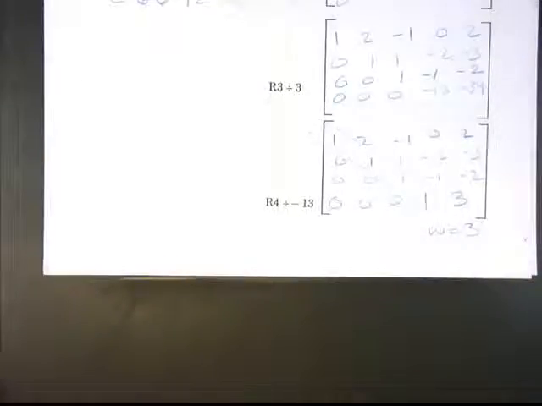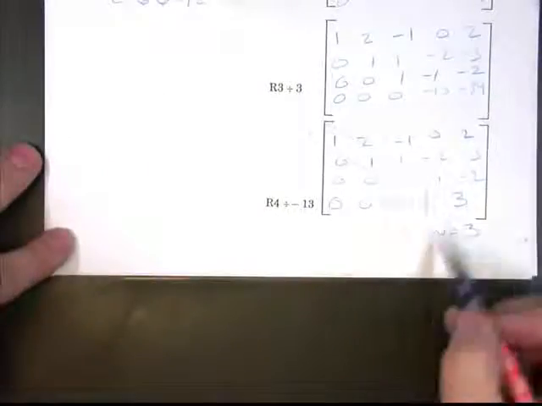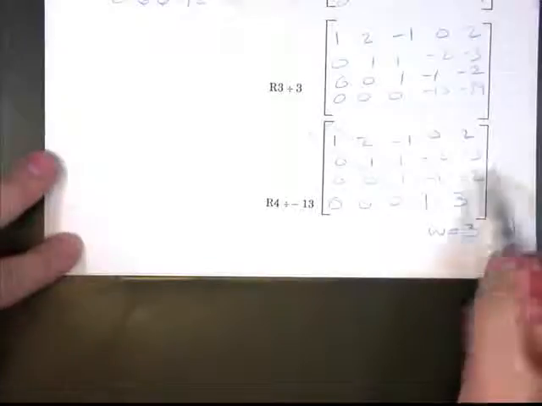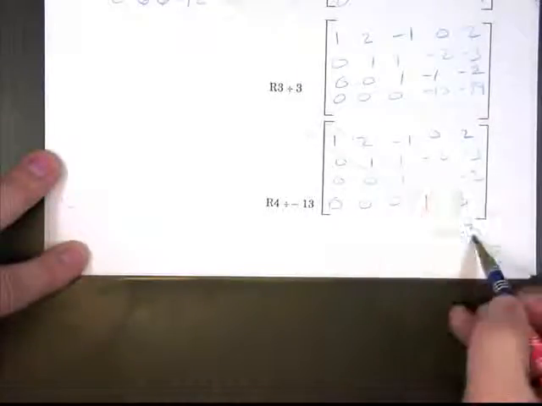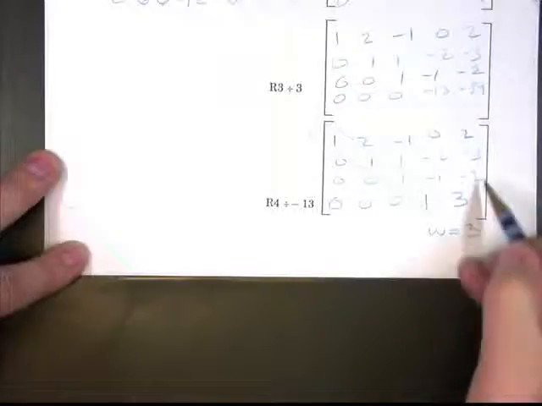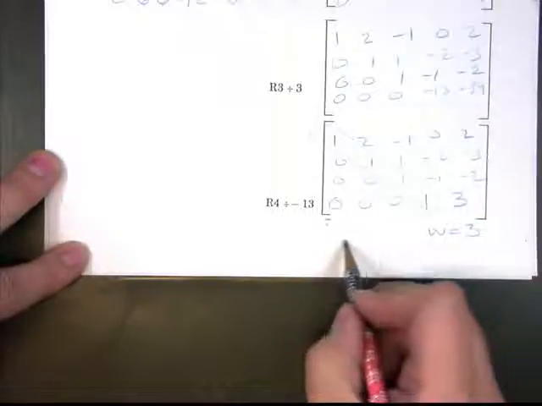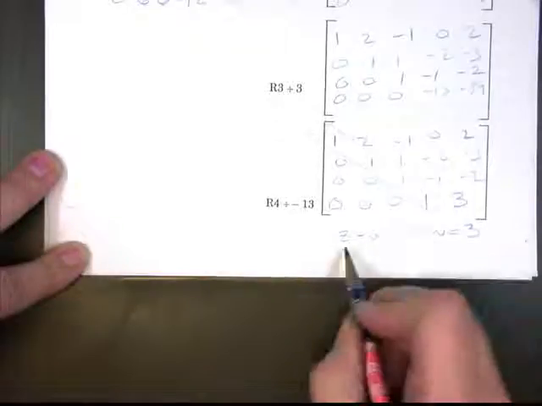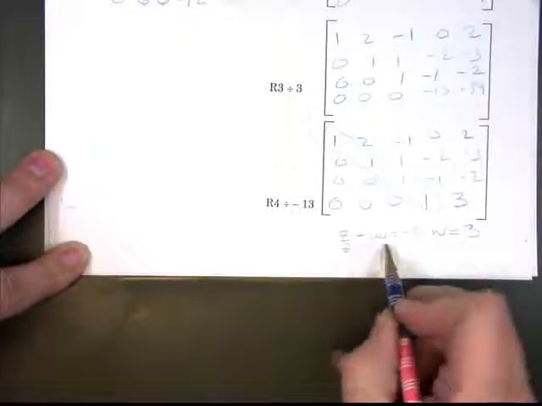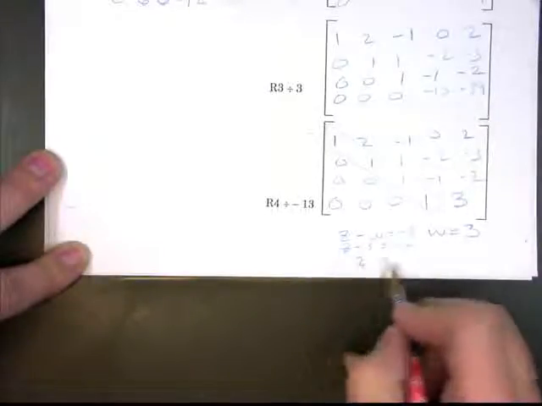And I could substitute that in to the rest of these. I could say Z minus W, which is minus 3, minus 2. So Z minus W equals negative 2. So Z minus 3 is negative 2. So Z is 1.